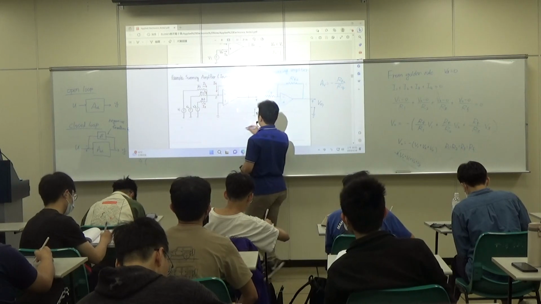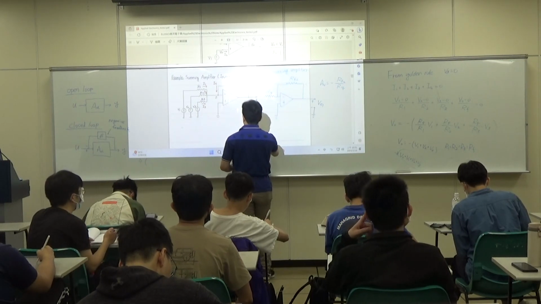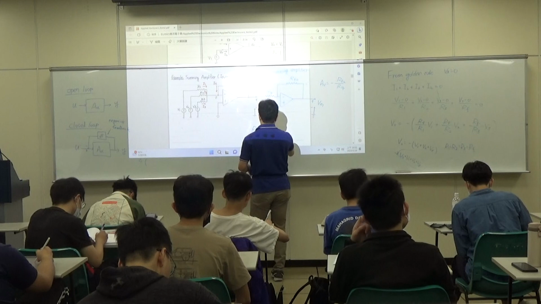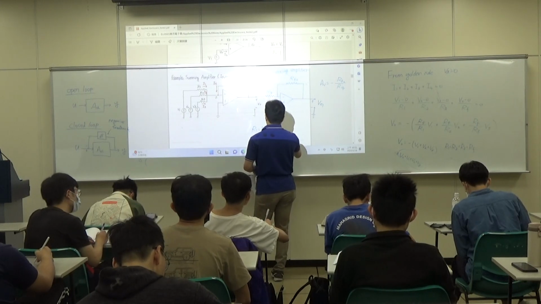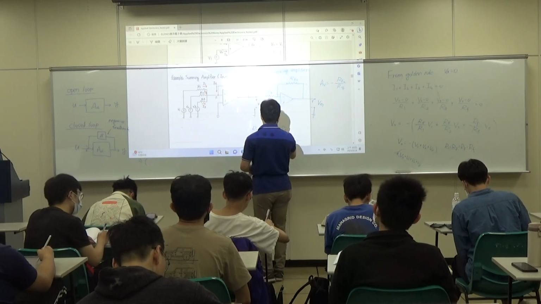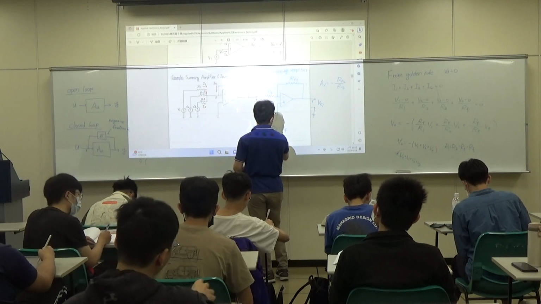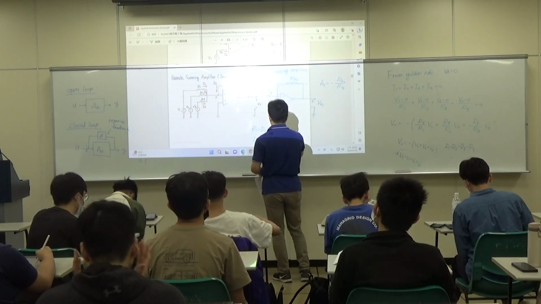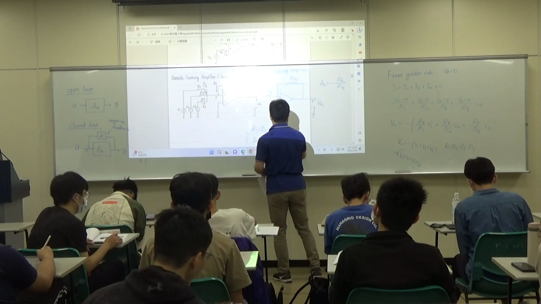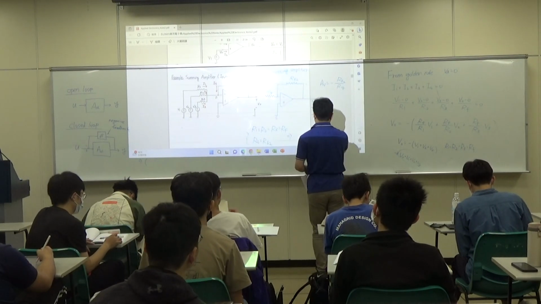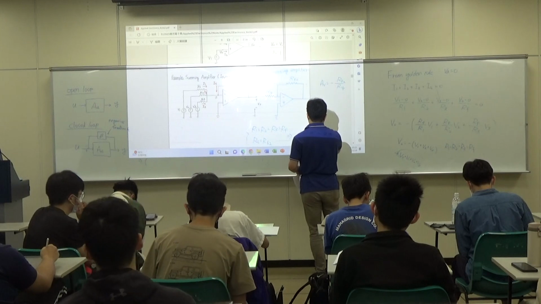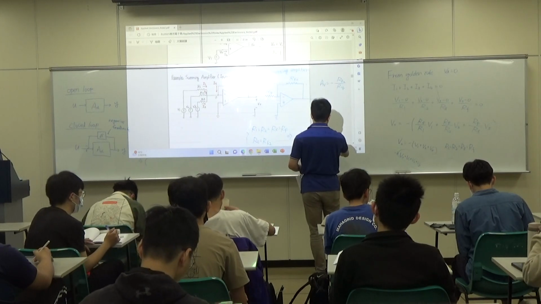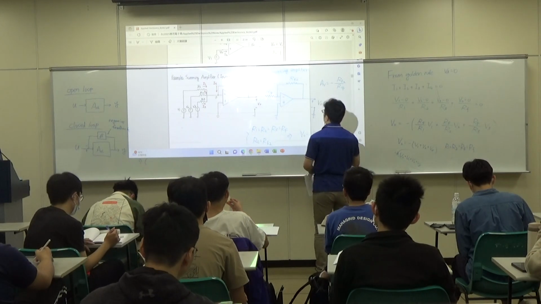So if we make R1 equals R2 equals R3 equals RF, and we make R4 equals RF2, we can have VO equals V1 plus V2 plus V3.